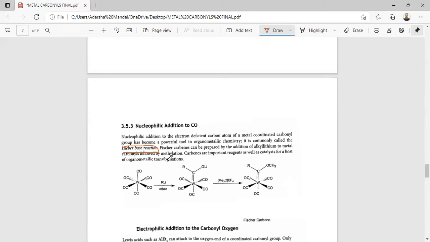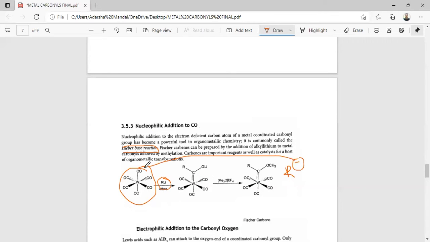So here a Fischer carbene can be prepared by addition of an alkyl lithium, RLi, to the metal carbonyl followed by methylation. Here in this tungsten moiety, the carbonyl carbon is electron deficient and RLi will give R minus as a nucleophile.